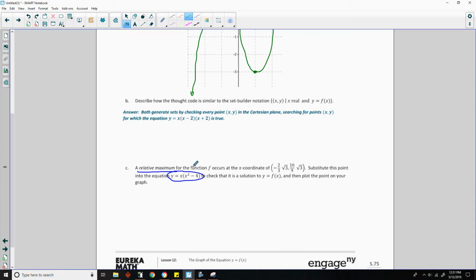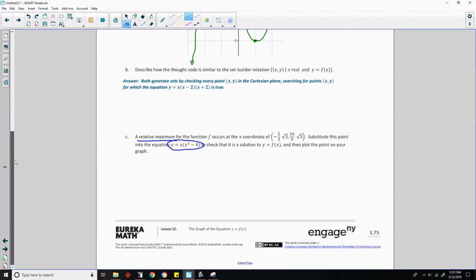Okay, so it says a relative maximum for this function occurs at the coordinate here. Substitute the point in and check to see if it's a solution. So this is our x. So y, well, no sense in writing y because this is our y. So I'm going to write y equals 16 over 9 square root 3.